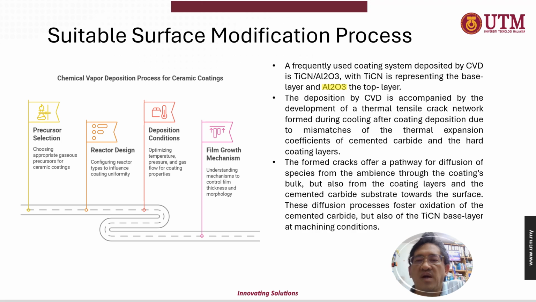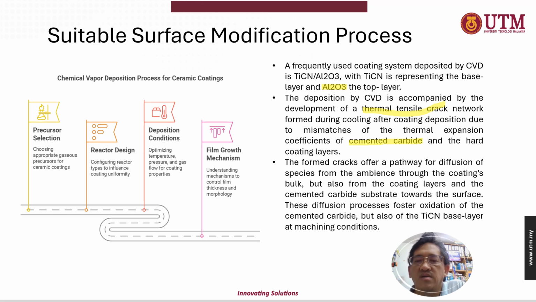The deposition by CVD is accompanied by the development of a thermal tensile crack network formed during cooling after coating deposition, due to mismatches of the thermal expansion coefficient of the cemented carbide and the hard coating layers.